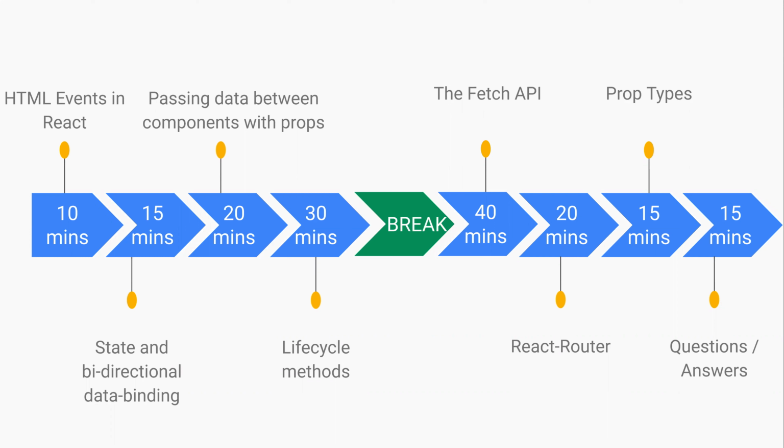We'll take a look at a few more events and some other ways to create HTML events in React. We'll look at state and how to do bidirectional data binding like we did without React last week. But this time we'll see how React makes it easy.